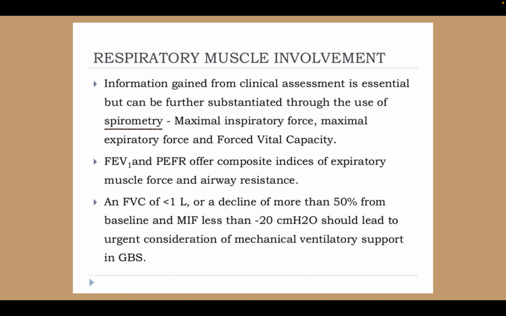And of course, when the forced vital capacity is less than 1 liter, or there is a decline of more than 50% from baseline, and the maximal inspiratory force is less than -20, this should lead to urgent consideration of mechanical ventilatory support in patients of GBS.